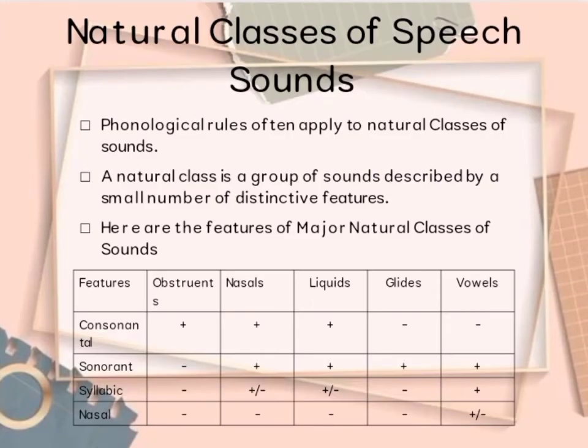Natural classes of speech sounds. Phonological rules often apply to natural classes of sounds. A phonological rule is a formal way of expressing a systematic phonological or morphophonological process or diachronic sound change in language.